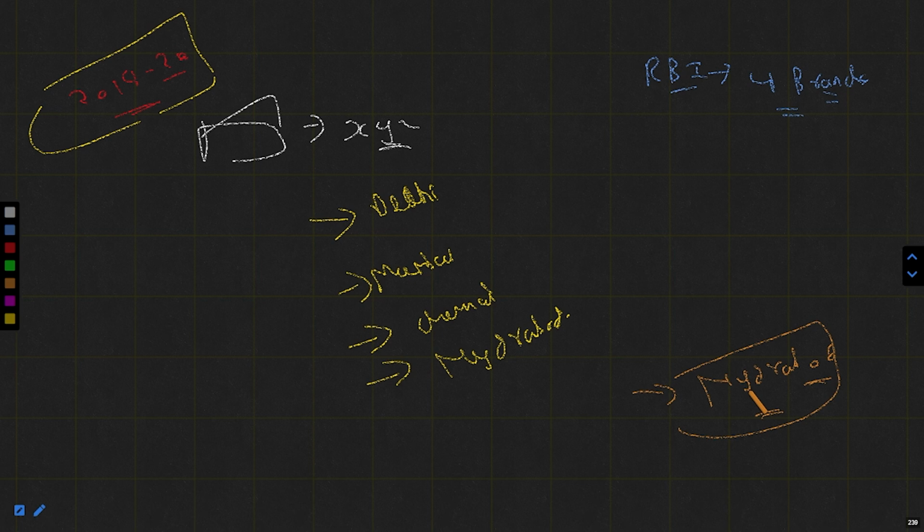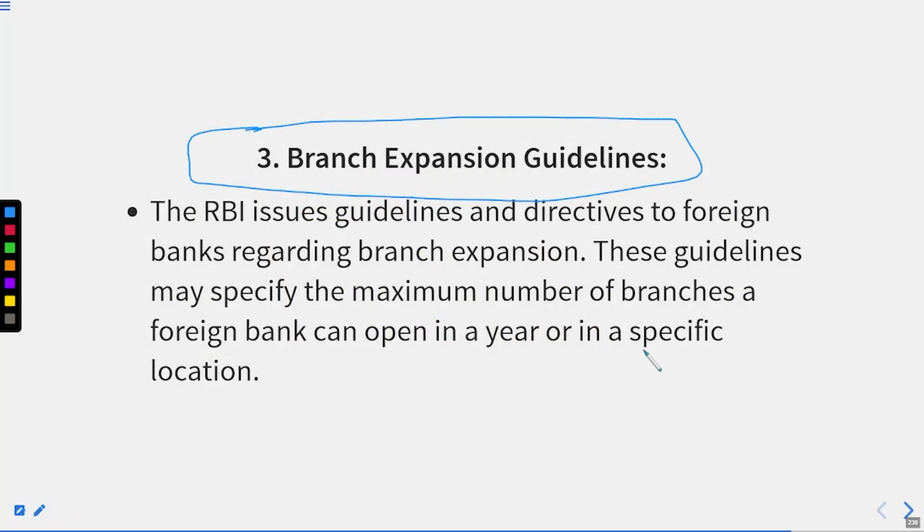They had used their 4 branches in that year by establishing branches in Delhi, Mumbai, Chennai, and Hyderabad.